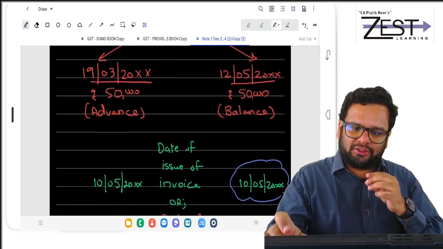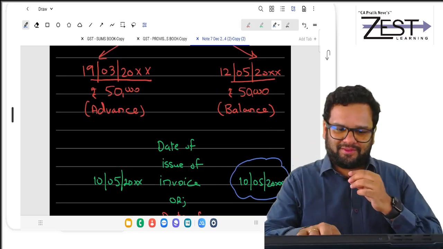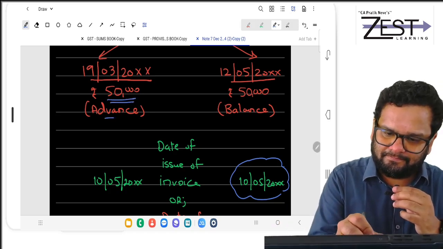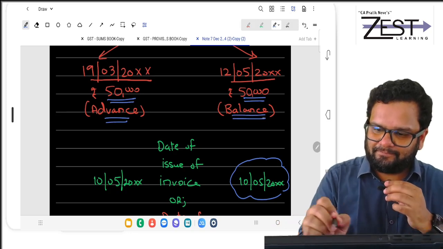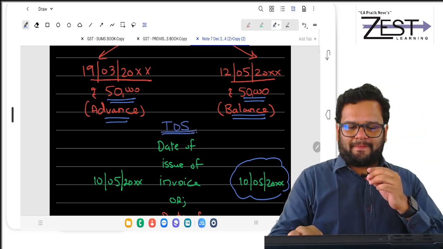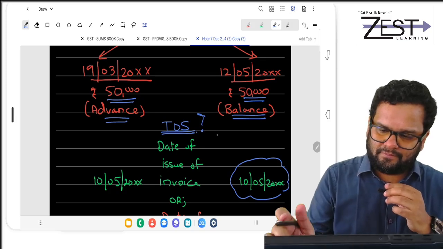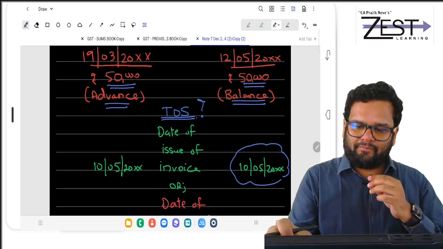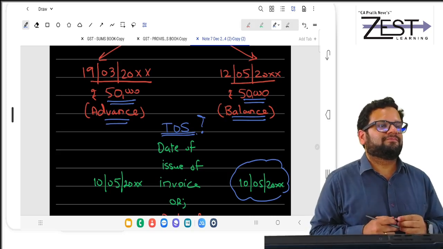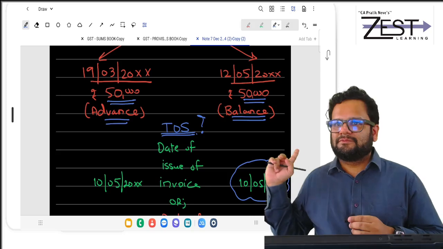Now go ahead and show the two different dates of receipts of payment. Scroll down.